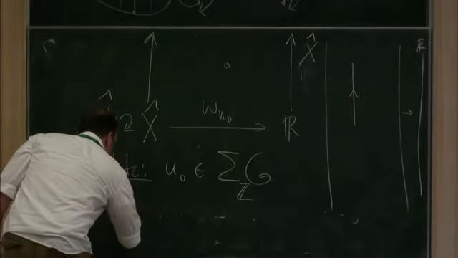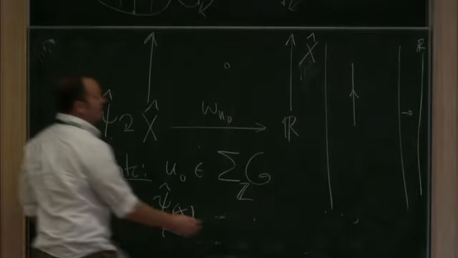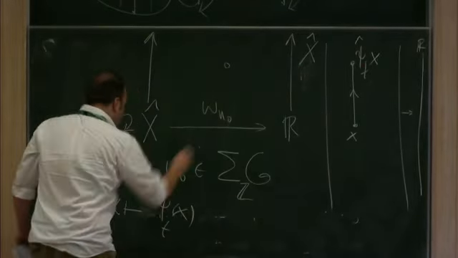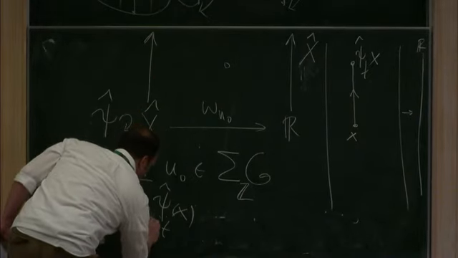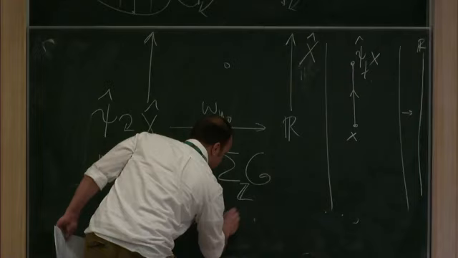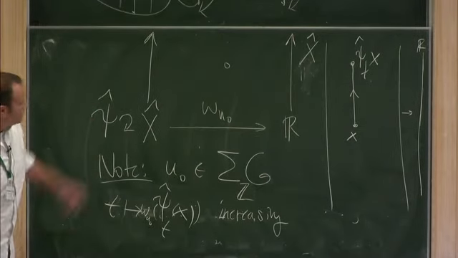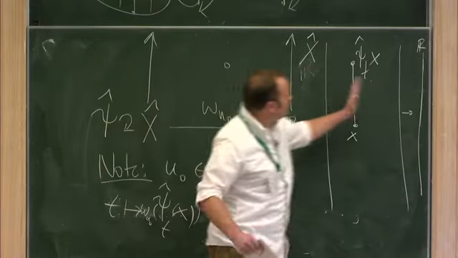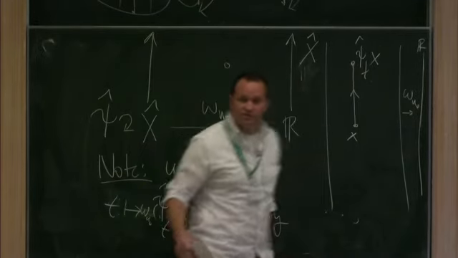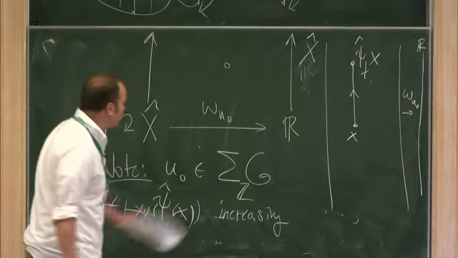So the map t goes to psi hat t of x. I take a point x and I flow for some time, and then I apply the map omega u naught, and that map is increasing. So why does that tell me that I'm in the BNS invariant?